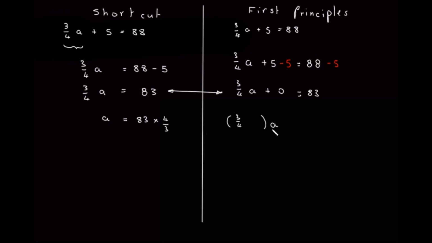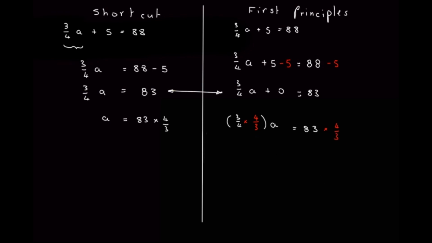It's still multiplied by A equals 83. This is exactly the same in value as that. To change that into 1, I multiply it by the same thing but turned up the other way. Fancy word for it is inverse. Because I've multiplied the left by that, I have to multiply the right by that.